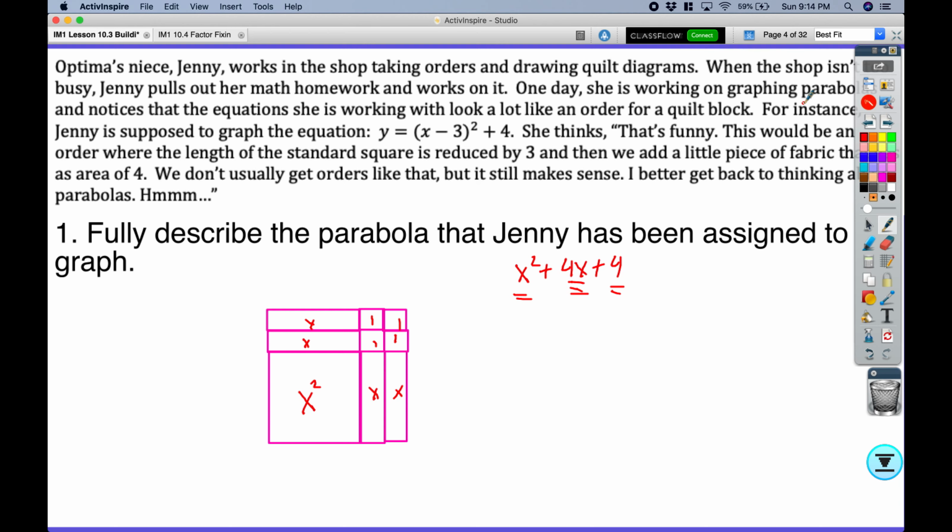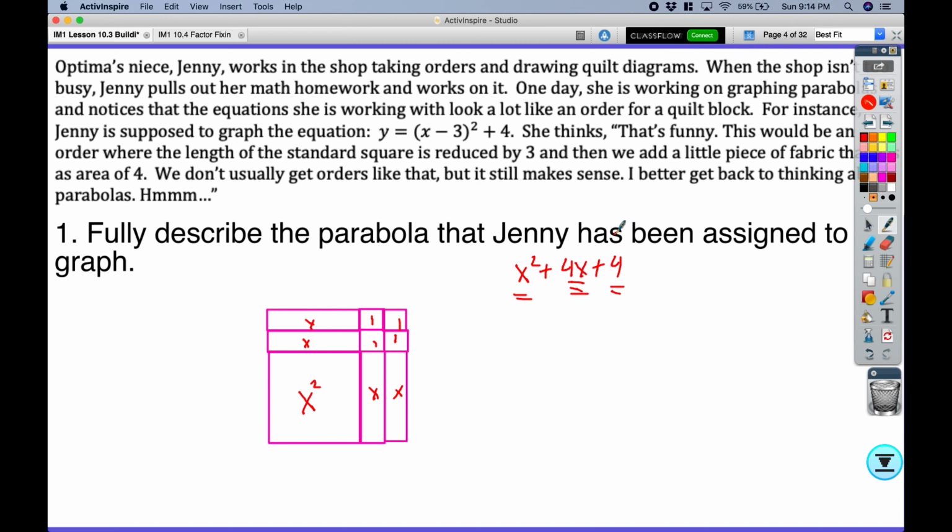She thinks it's funny. This would be in order where the length of the standard equation is reduced by 3. Then we would add a little piece of fabric to get the area of 4. We don't usually get orders like that, but it still makes sense. I better get back to thinking about parabolas. So fully describe the parabola that Jenny has been assigned.